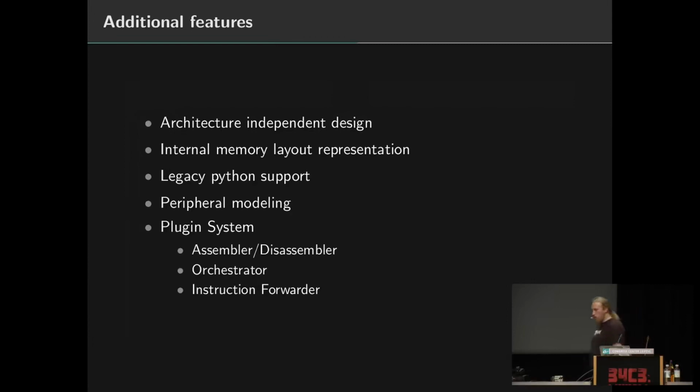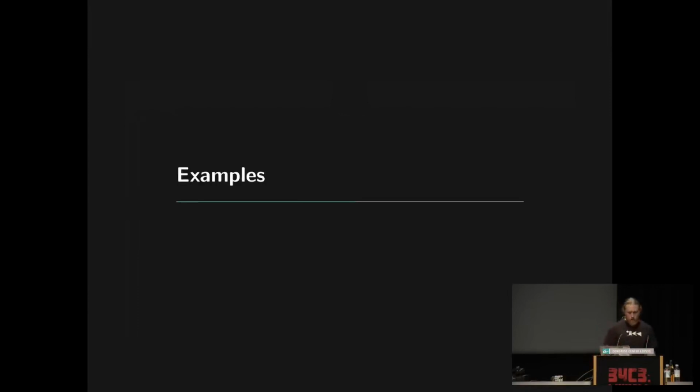Likewise, there's an instruction forwarder, which aims to deal with those unemulated instructions, so small micro-architecture dependent instructions. Once Avatar encounters one of those instructions, it will not execute it inside the emulator, but on the embedded device, so that the state changes at least there accordingly.